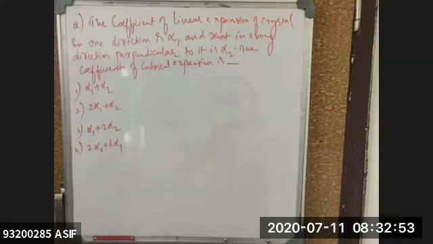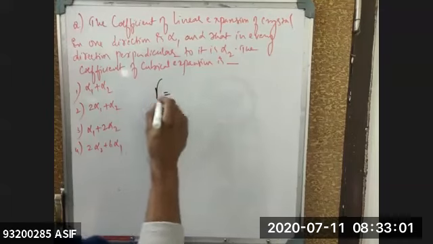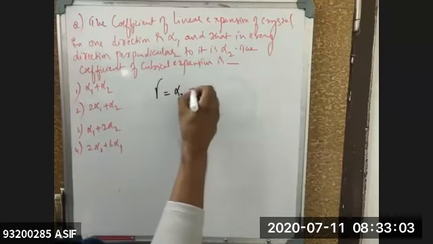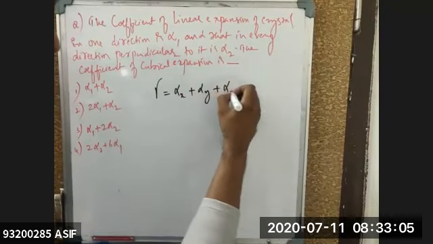Sir, alpha 1 plus 2 alpha 2. Yes, alpha 1 plus 2 alpha 2. How did you get it? Sir, you gave the formula. You know the formula for this one: gamma is equal to alpha x plus alpha y plus alpha z. I hope you remembered it. Alpha x is given as alpha 1.